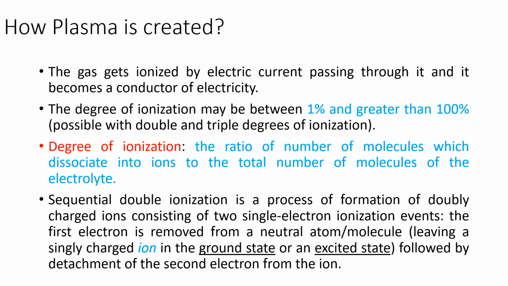In the case of triple ionization, if that positively charged ion is given further energy and loses yet another electron, that is called triple degree of ionization, and in that way the ionization becomes more than 100%. So these are the double and triple degrees of ionization.